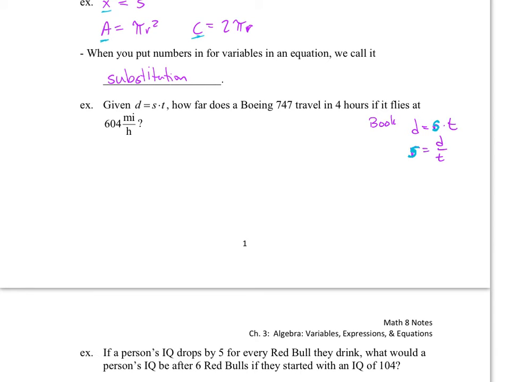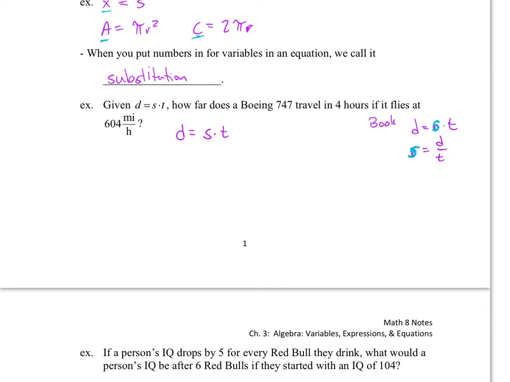All right, so D equals S times T. First step, always, and I'm looking for this when you solve, you're going to write the equation you're going to use, because sometimes you're going to use a different one. Then you're going to put down what we know.